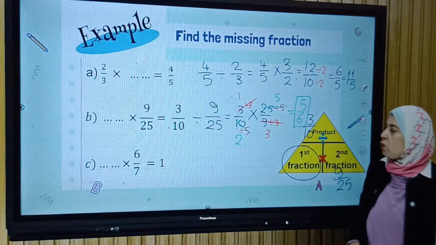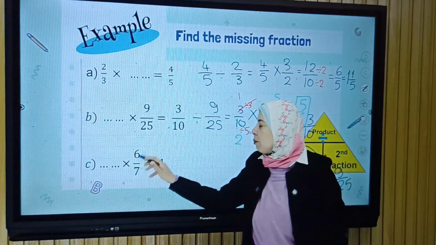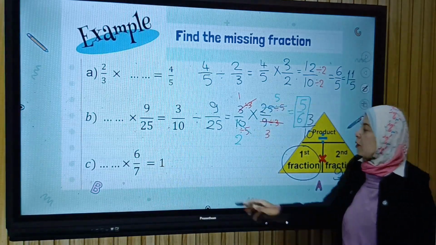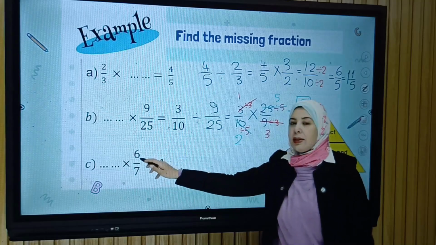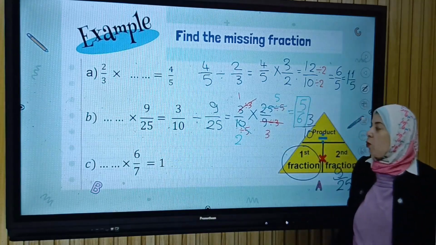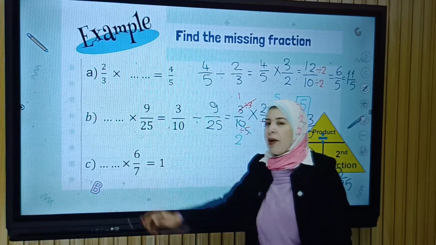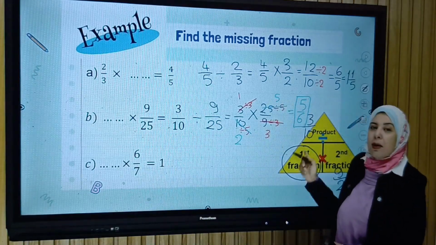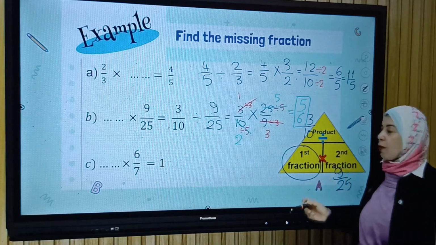Let's see the last one. Blank multiplying 6/7 equals 1. The product is given, and the second fraction is given, but the missing one is the first fraction. So how to get the first fraction? The product divided by the second fraction.